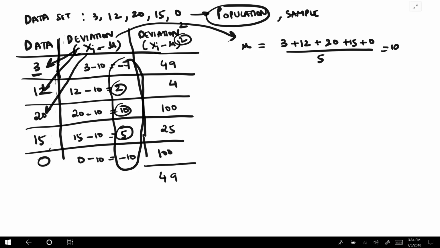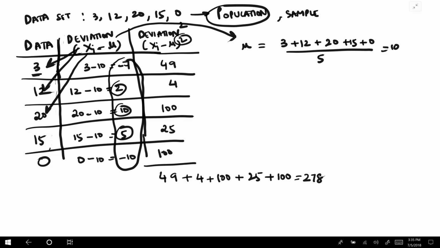So we can do the summation and divide it by n: 49 plus 4 plus 100 plus 25 plus 100. So this is going to give us 278.